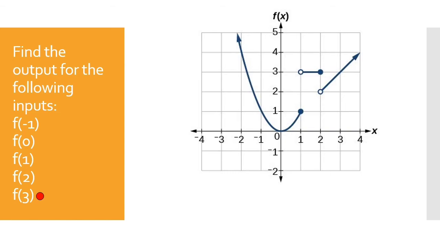Last one for this graph. We're going to find f of 3 by going to 3 on the x-axis. And as we go up to the graph, we see the answer is 3.